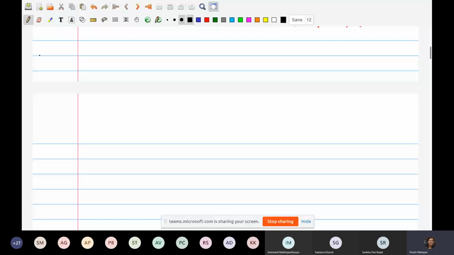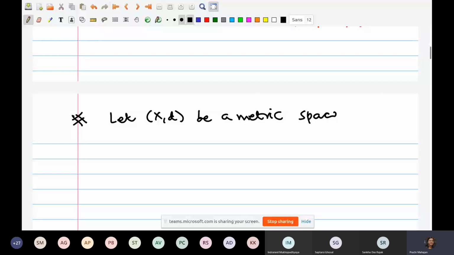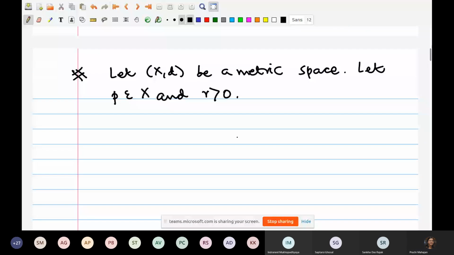So let (X, d) be a metric space. Let us fix a point p of X, and let's fix a radius r. And we consider the following set. Let me write that down.